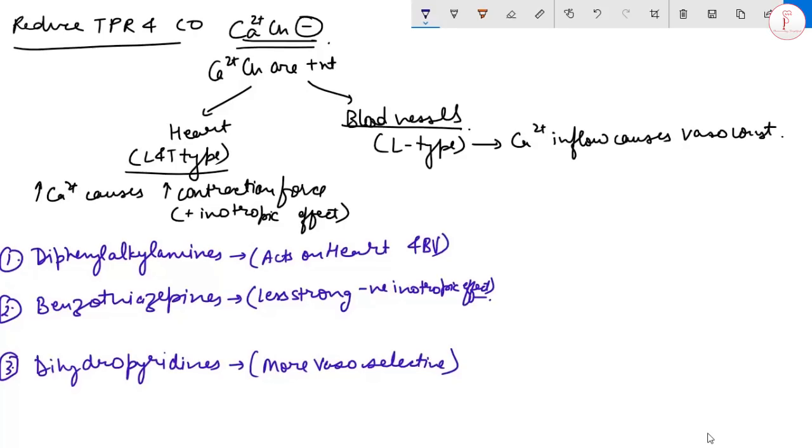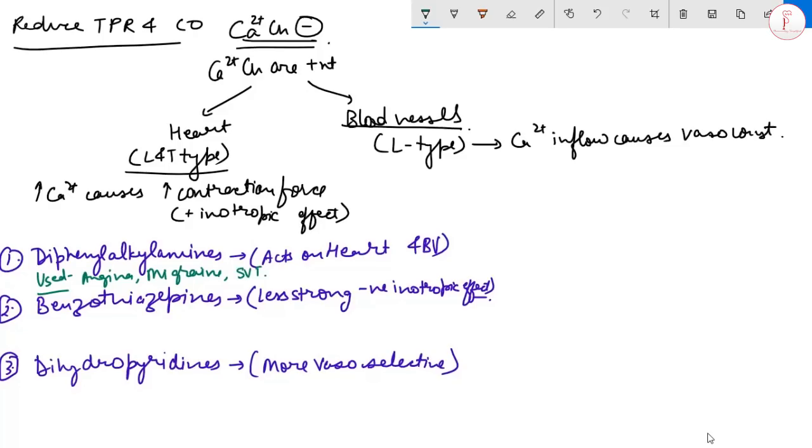The calcium channel blockers have negative inotropic effect, that means they reduce the force of contraction in the heart.